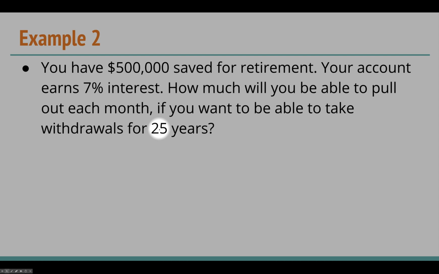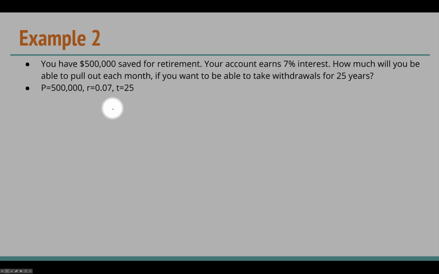Now, notice that because we're pulling money out each month, the 7% interest has to also compound monthly. The number of times we compound the interest has to match how often we take out withdrawals in the year. So let's take a look at all of the variables that we have for this example.